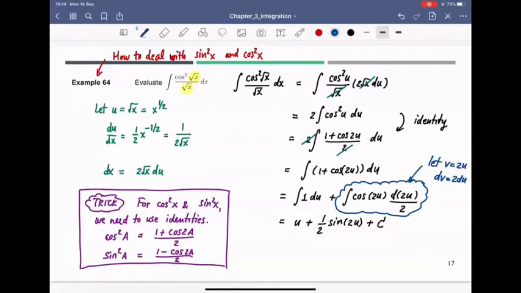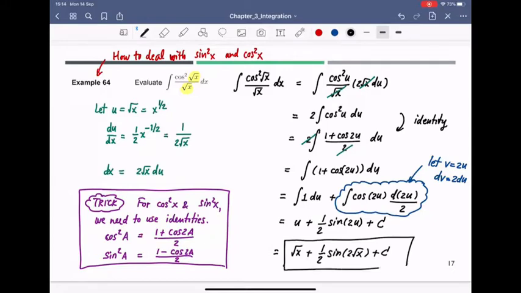This is how we integrate, but we just make the form more compact so we can integrate faster. After that, I can change u back to x. Because u is square root x, we get square root x plus 1/2 sine 2 square root x plus c. All right, so this is the answer for this question.